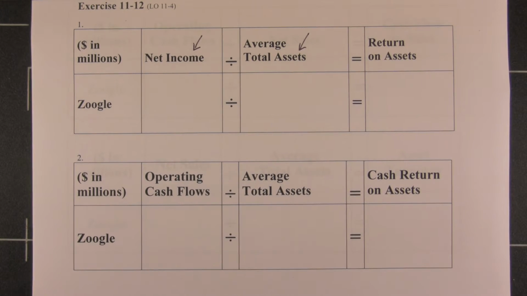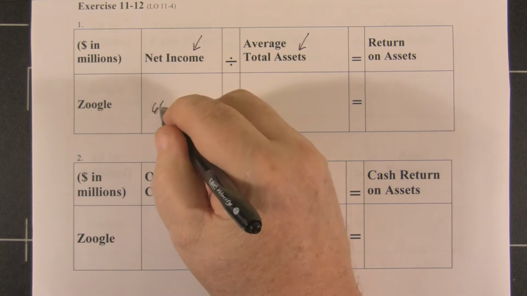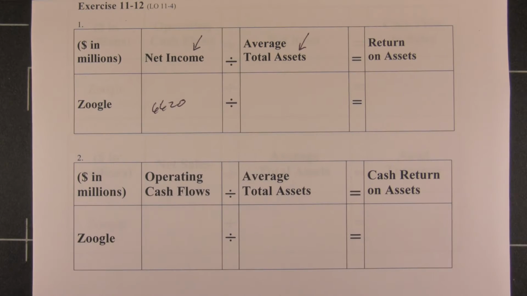If at all possible, take your income statement number, and they give us that. They tell us our net income was $66,020, and these answers are in millions, so you've got to add some zeros to the end of that. Then we have to find our average assets.